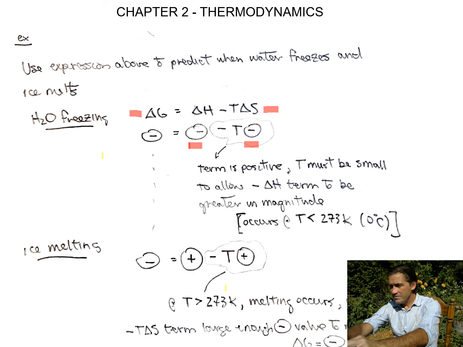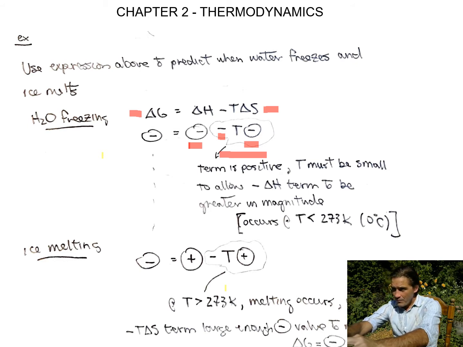On the other term, we have delta S. If we're going from a liquid to a solid, the system is becoming less disordered, more organized, so the value of delta S is going to be negative. So this entire term with T delta S is going to be positive because we're going to take a negative of a negative term.